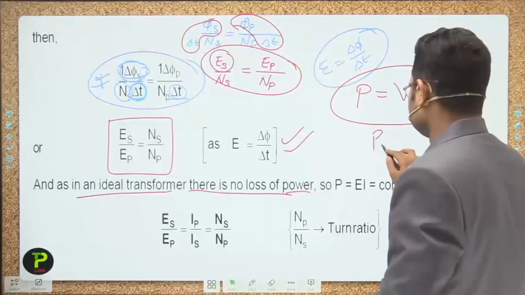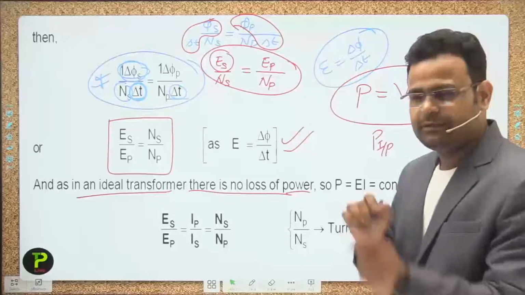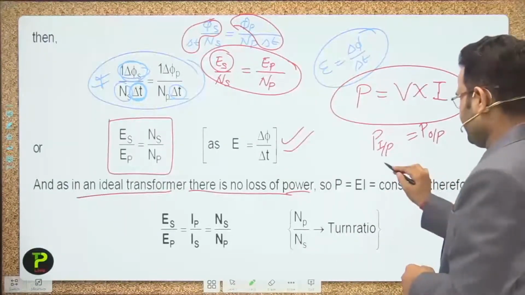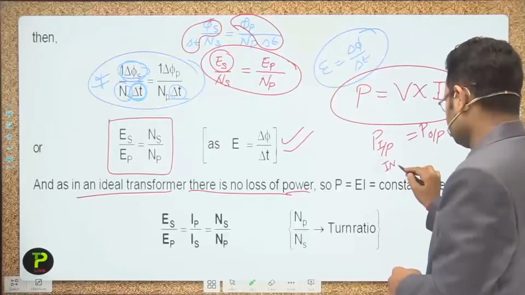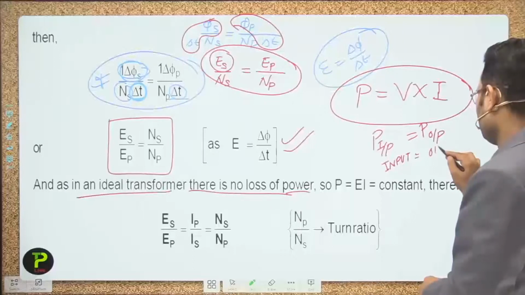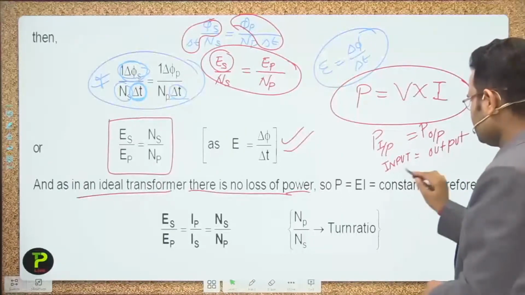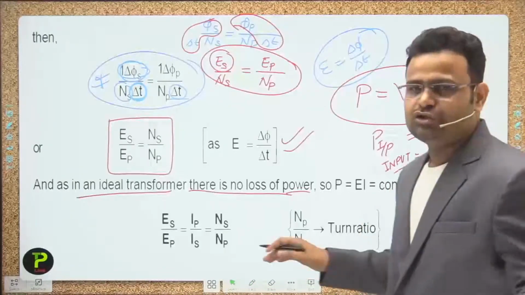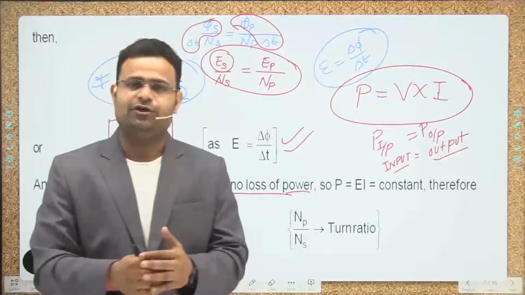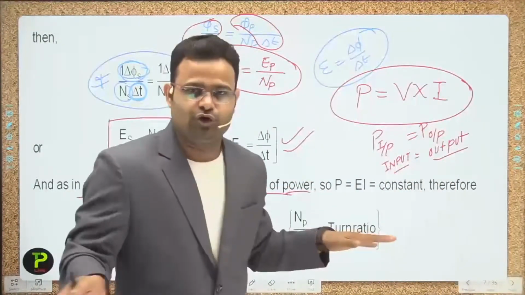According to that concept, Pi is the input power and Po is the output power: the input is given by the source and the output is taken by the load. If there are no losses, the input power is completely equivalent to the output power.